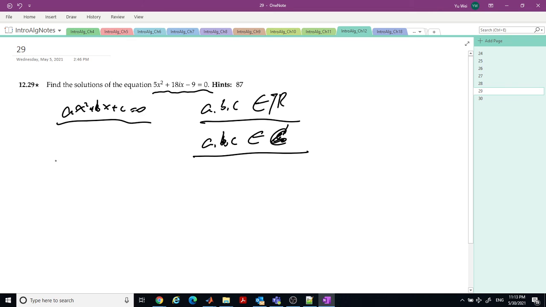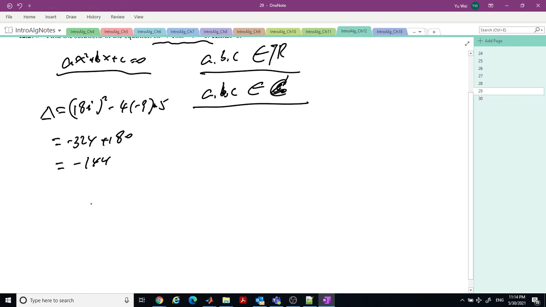So now let's see what the delta is: it equals (18i) squared minus 4 times negative 9 times 5. So it's negative 324, then plus 20 times 9, which is 180. That is negative 144.